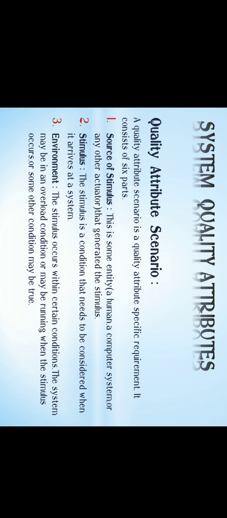Next we move to the environment. The stimulus occurs within certain conditions. The system may be in an overload condition, or may be running when the stimulus occurs, or some other condition may be true.